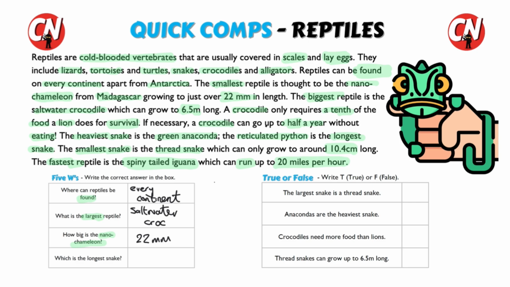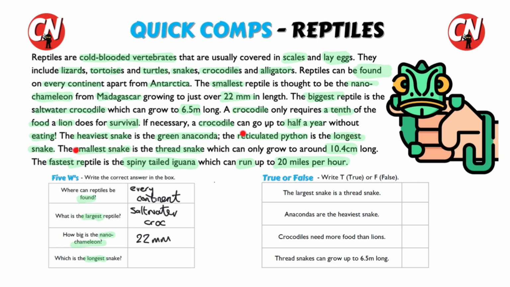And then again, which is the longest snake? So we're spotting those comparative adjectives. Okay, longest. Where does it say longest in the text? We've got the heaviest, the smallest, the fastest, and the longest snake. The reticulated python is the longest snake. So that's a good example of reading back. If we were to read on, that's not going to help us.